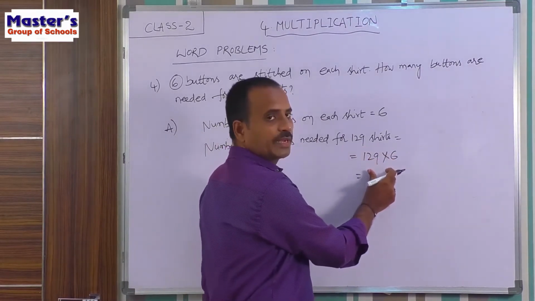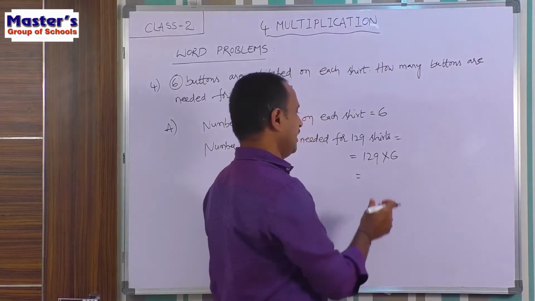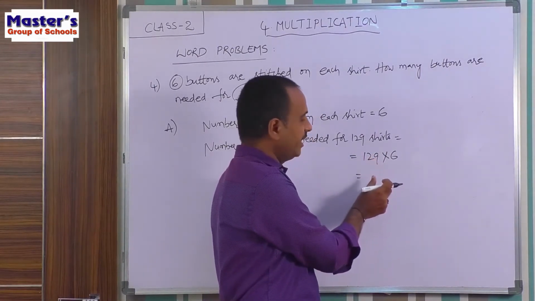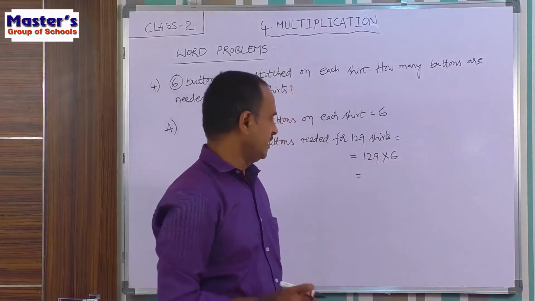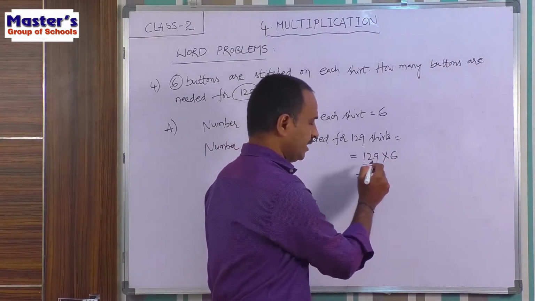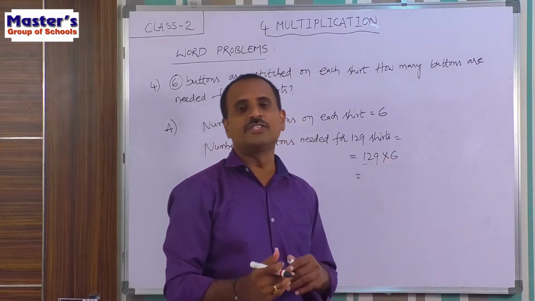So do this multiplication in the rough work of your notebook. First write the number 129 and next write the number 6 below it. Here 129 is a 3-digit number and 6 is a 1-digit number.